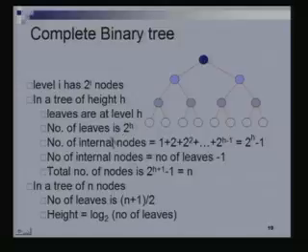What is the number of internal nodes that we have? Well, at level 0 we have 1 node, level 1 we have 2 nodes, and so on. So this is the sum 1 plus 2 plus 2 squared all the way up to 2 to the h minus 1, because at level h all the nodes are leaf nodes. So it's this sum, which is 2 to the h minus 1.